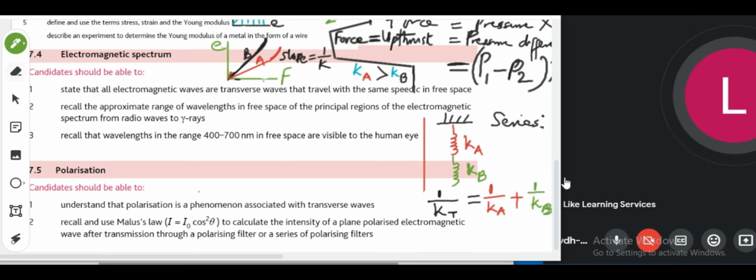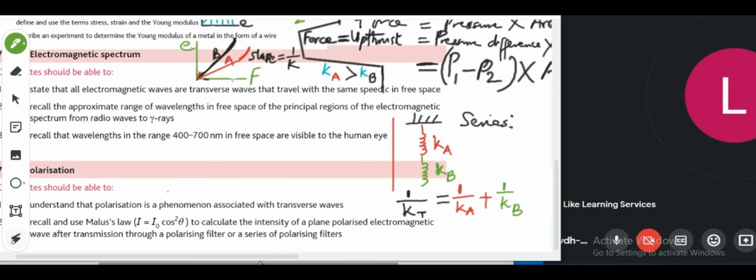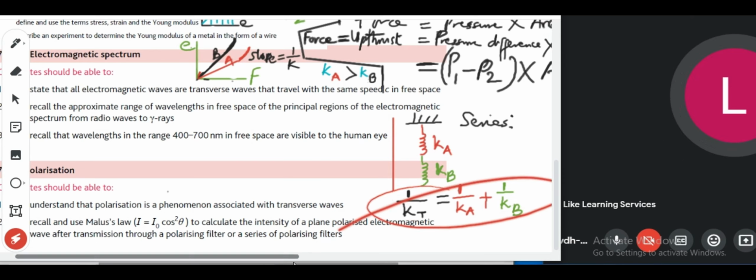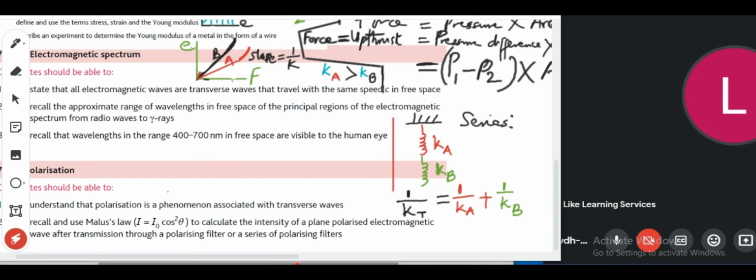You can recall where we normally do this in electricity. In fact, in electricity, you find this for parallel circuits. Incidentally, when springs are connected in series, this is how we find the total spring constant, which is like what we do when resistors are connected in parallel.